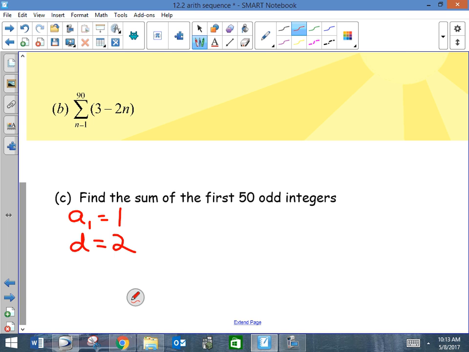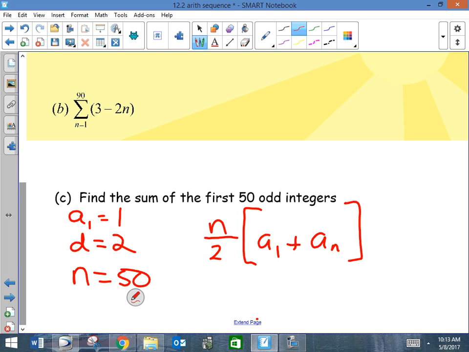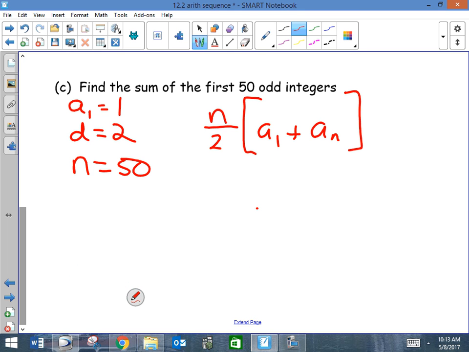We're not even going to be very formal about it. We're going to find S50, the first 50 integers. So we're going to do n over 2, a1 plus an. Now, sometimes you have an, sometimes you don't. In this case, we don't. So we're going to replace an with this formula.